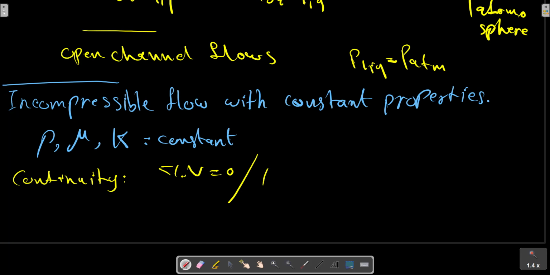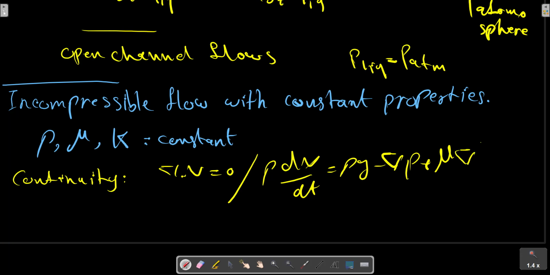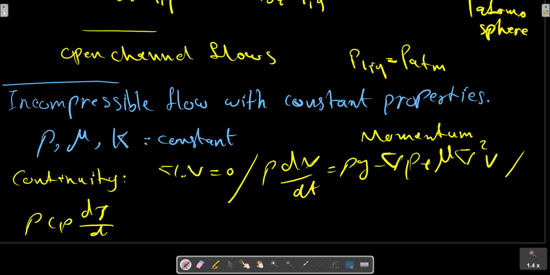and for momentum we have the relation of P plus the PV, where V is a vector, for momentum, and energy is rho Cp equals to the plus phi.